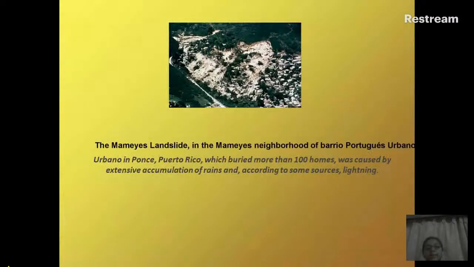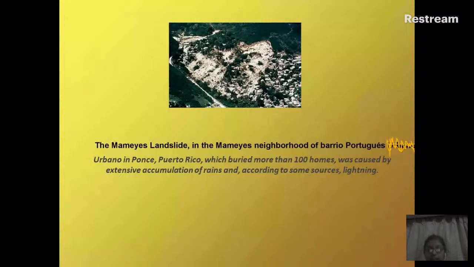Next, this is a picture of a landslide. This is the picture of the Mameyes slide in the neighborhood of Barrio Portugués Urbano in Ponce, Puerto Rico, which buried more than 100 homes.